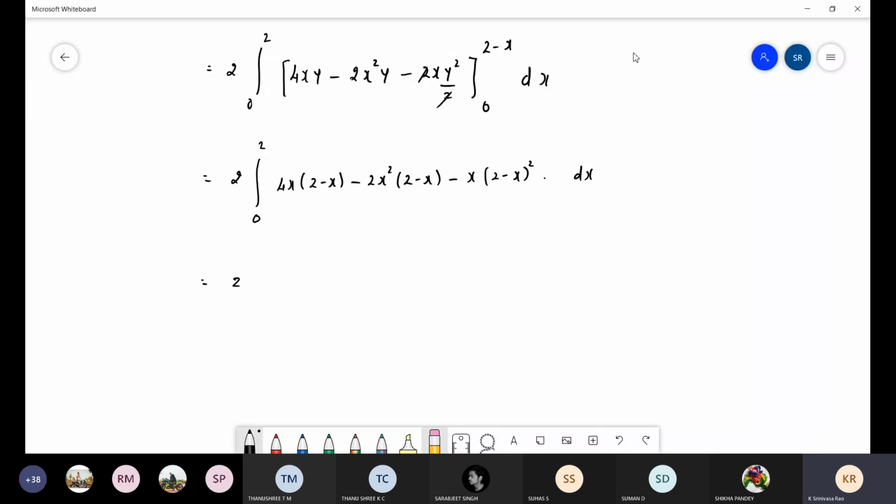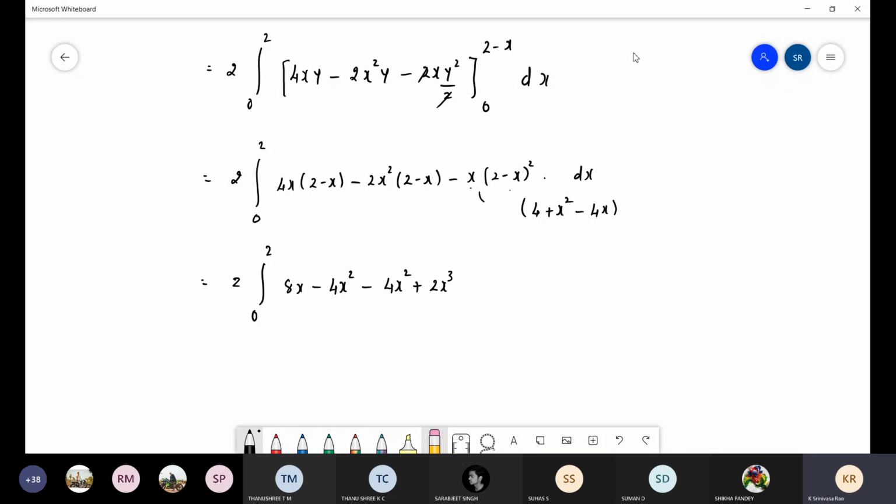So 2 times the integral 0 to 2: 4 2s are 8x minus 4x square minus 2 2s are 4x square plus 2x cube. And this is a minus b whole square, so a square is 4, plus b square x square, minus 2ab is 4x. Is it right?